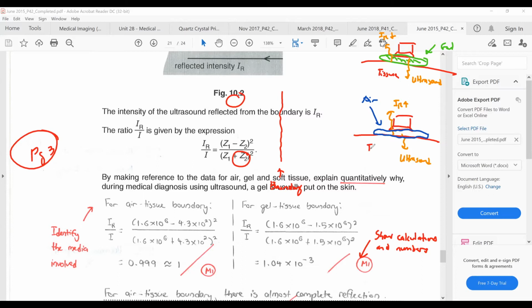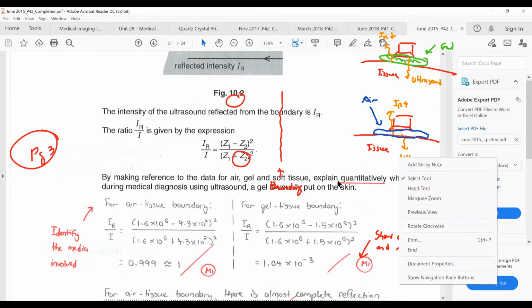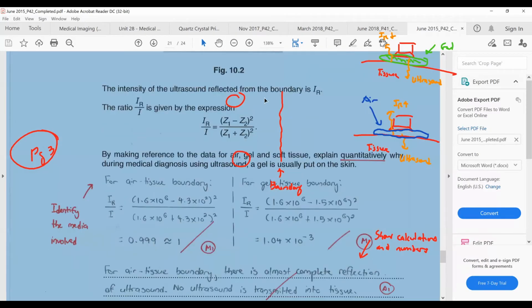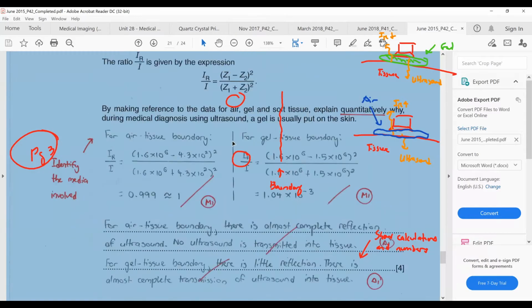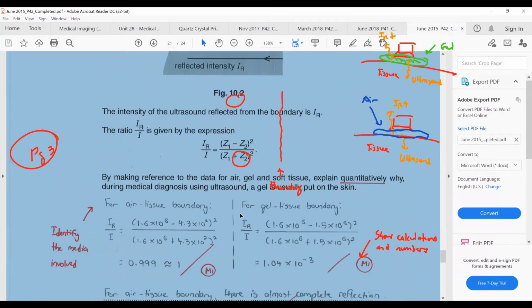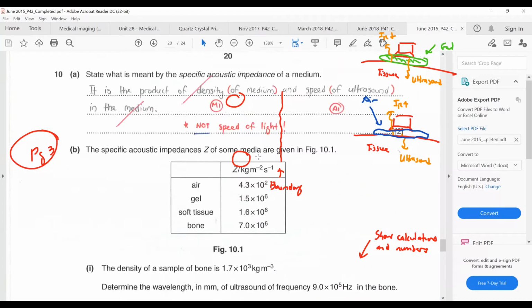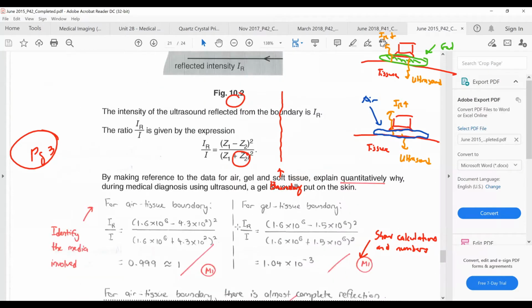This is air-tissue. Okay. So work it out and you should get this answer. The values of the Z you will have gotten from here, air and tissue, gel and tissue. Right? So try to work it out. Please remember to square your answers accordingly. Right?